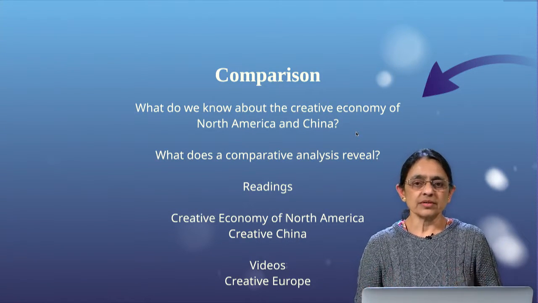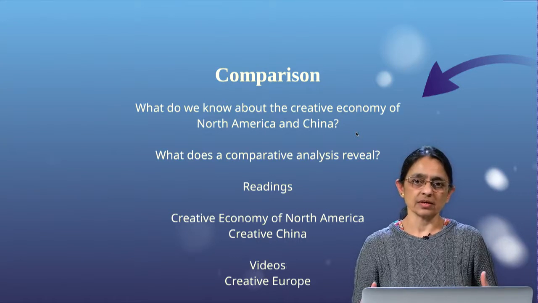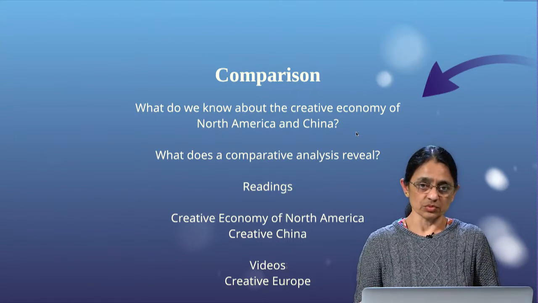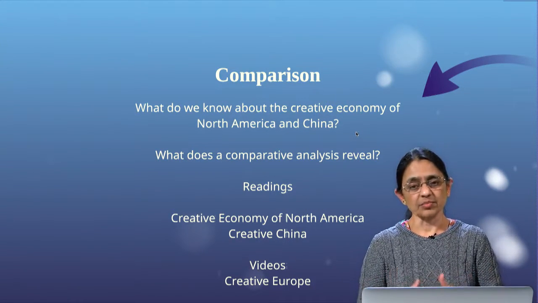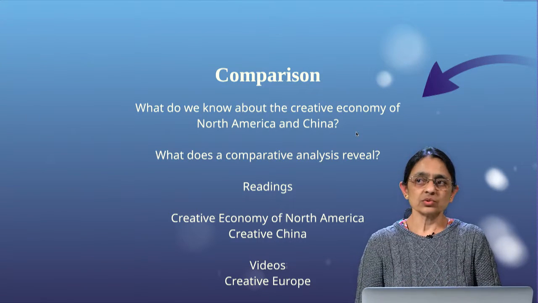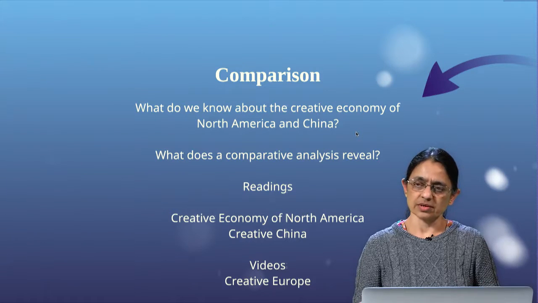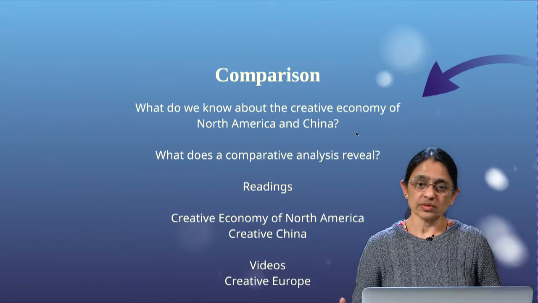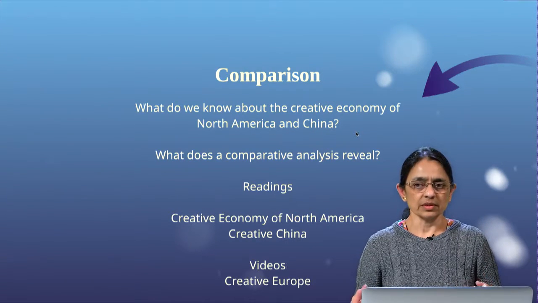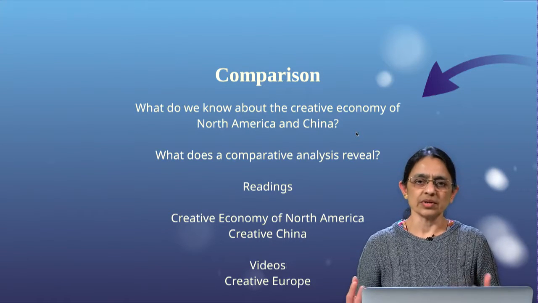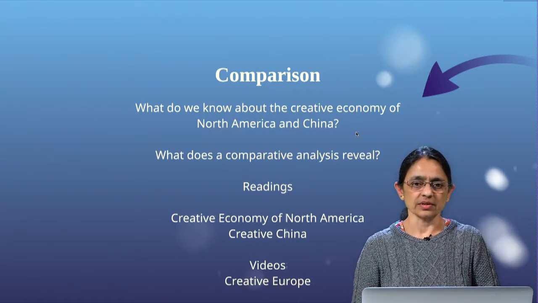We will try to understand how creative economies are manifesting themselves in these 2 countries, and then we'll have a comparative analysis to get a deeper understanding of creative economies, how they play out over time, and what the differences in the underpinnings are in different countries and contexts.